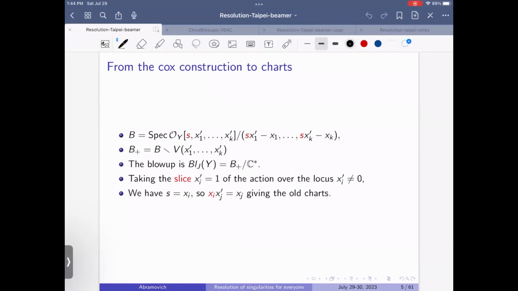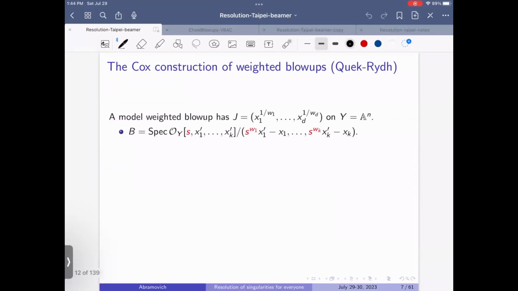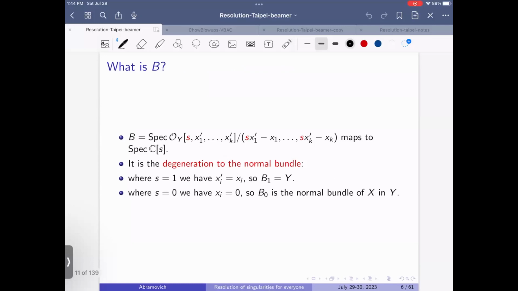Okay, from the Cox construction to charts. And I told you what B is. Okay, so that's about B.